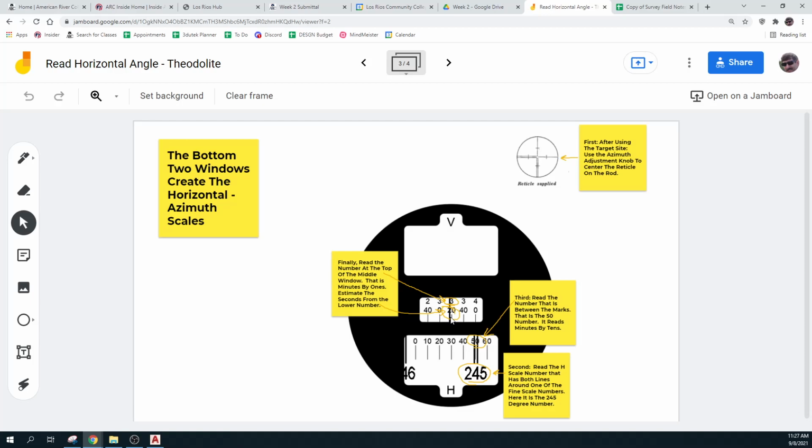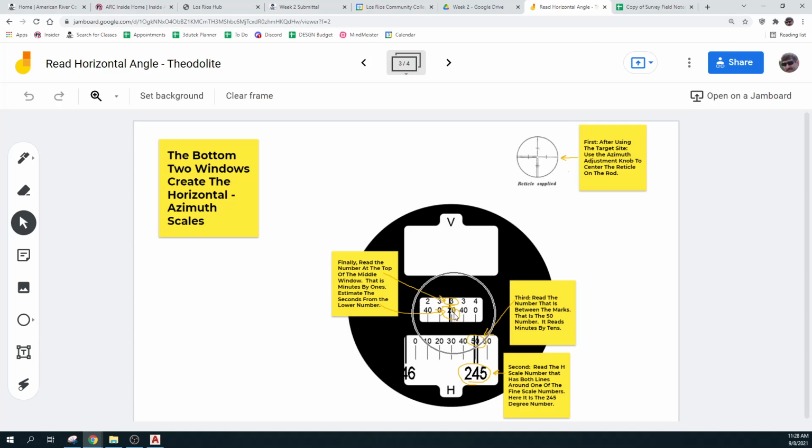When you look in that thing, you're going to look for the H. You're going to see two numbers, usually, and you're going to pick the one that's really lined up best across two of these. You're going to say, okay, it's 245 and 50-ish minutes. And you're going to go up to the fine scale, and it's really 53 because it lines up in the threes.